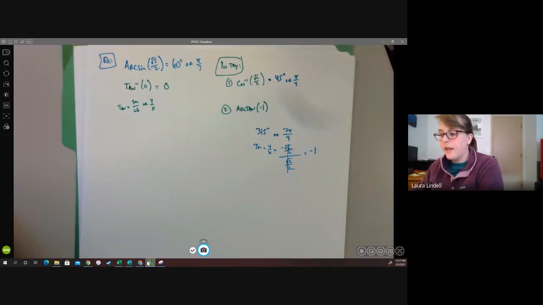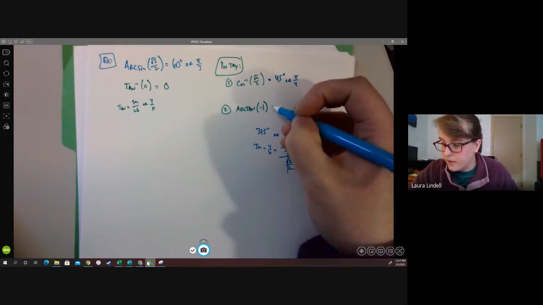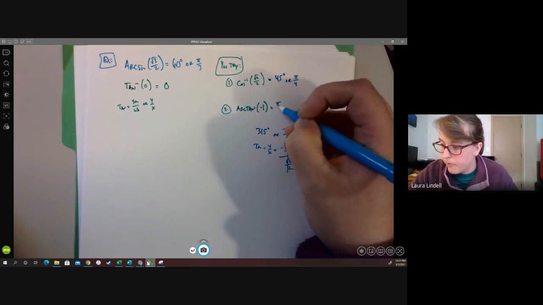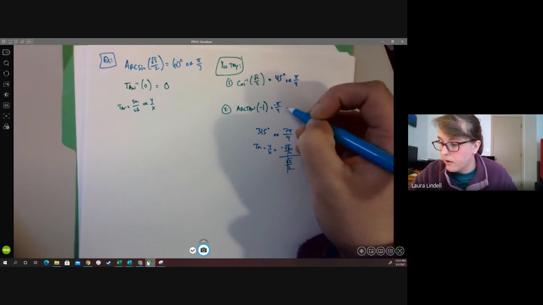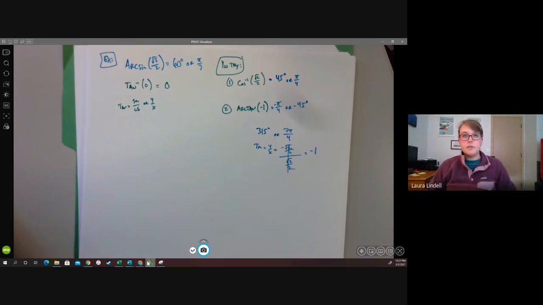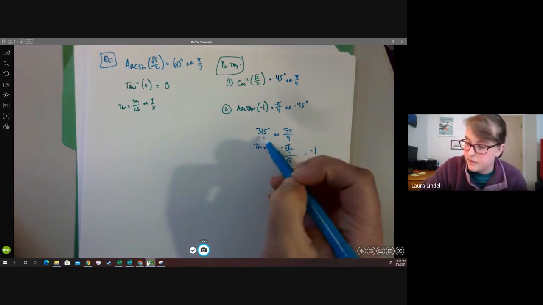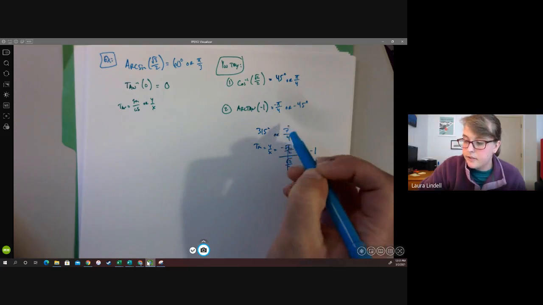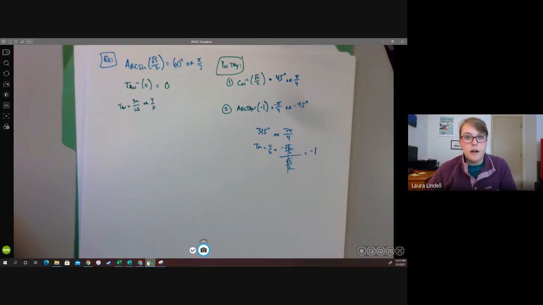So this angle instead, within the correct domain, we'd end up with negative pi over 4 or negative 45 degrees. So it's the same thing as this. It's coterminal to these. It's just within the range of values that we were looking for. So yeah, nice job, Carson. And that was the trickier of the two.